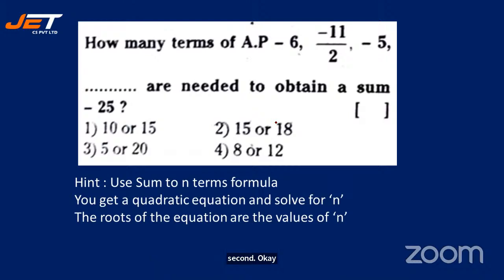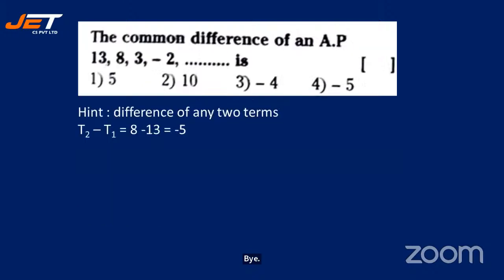So they have given us a hint also. Use the sum to n terms formula. You get a quadratic equation and solve for n. The roots of the equation are the values of n. So here, by applying this sum to n terms formula, we get 5 or 20. That is the answer. All right?